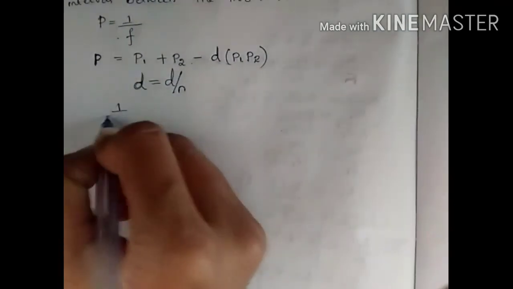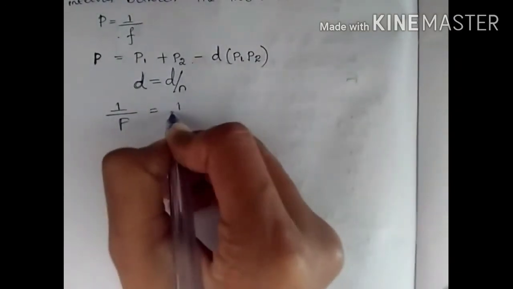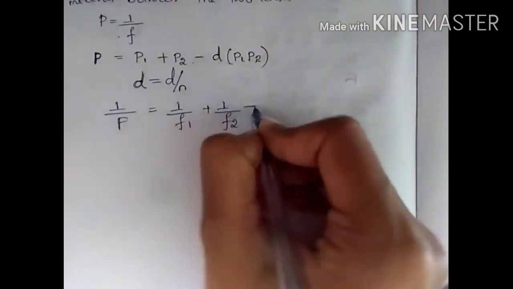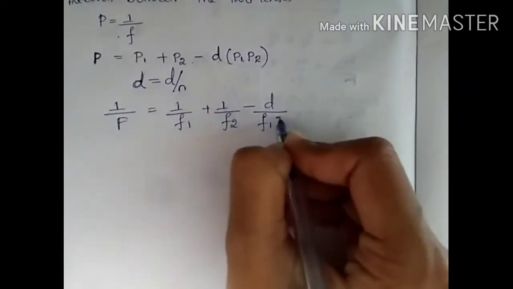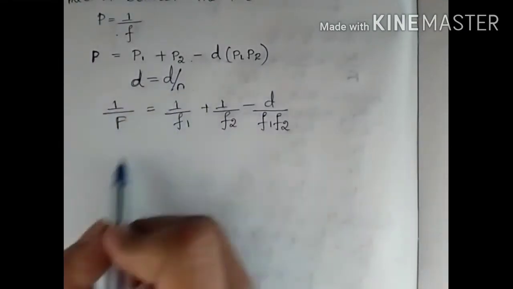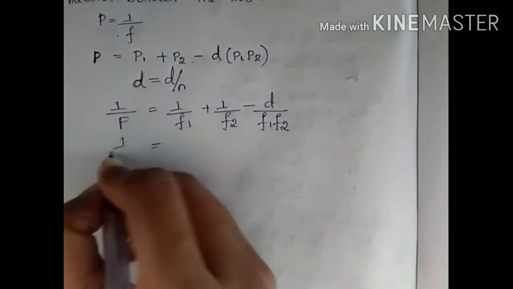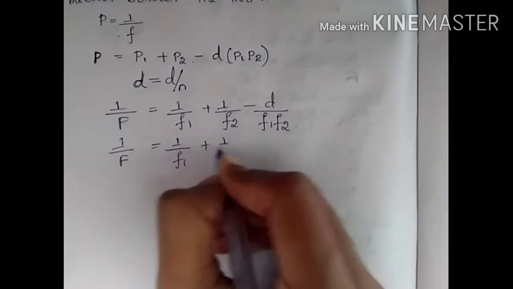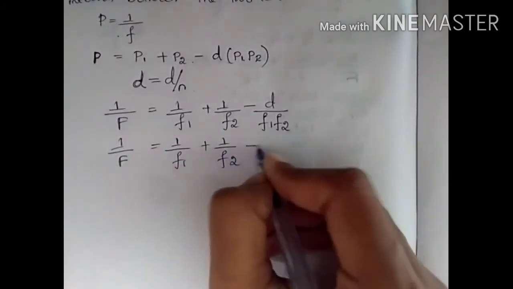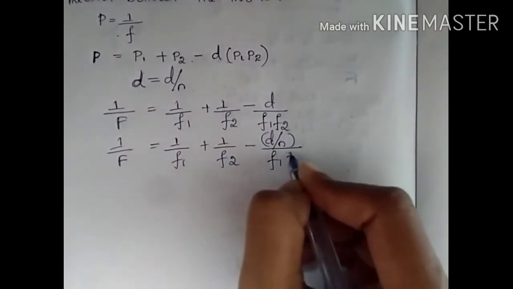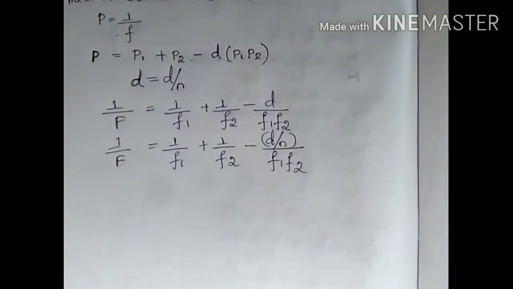Now we have the equation 1 by f is equal to 1 by f1 plus 1 by f2 minus d divided by f1 multiplied by f2. So this d will get replaced with d by n. So the effective focal length 1 by f is equal to 1 by f1 plus 1 divided by f2 minus d by n whole divided by f1 f2.